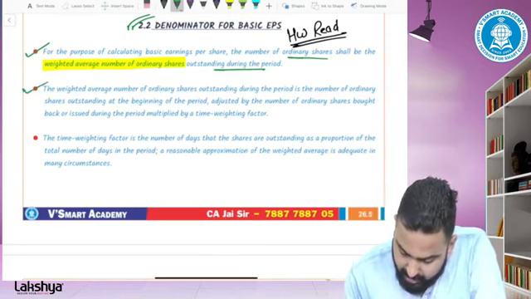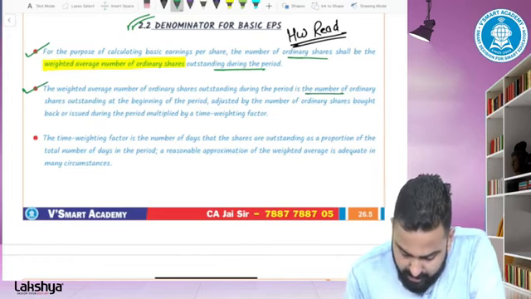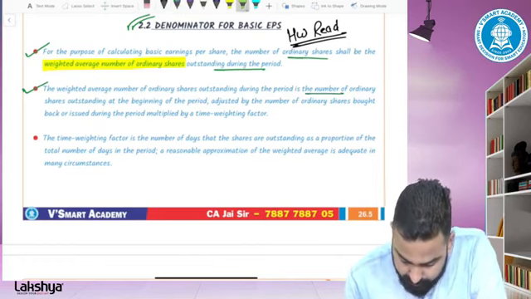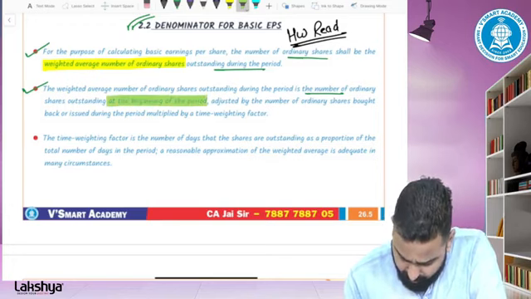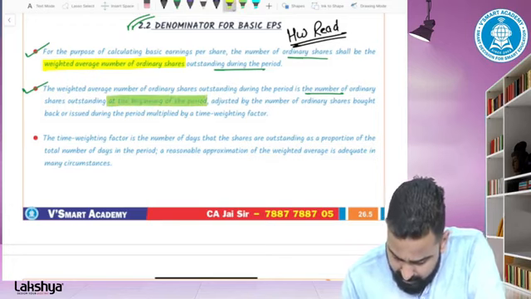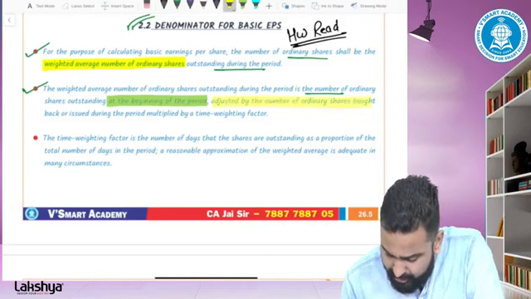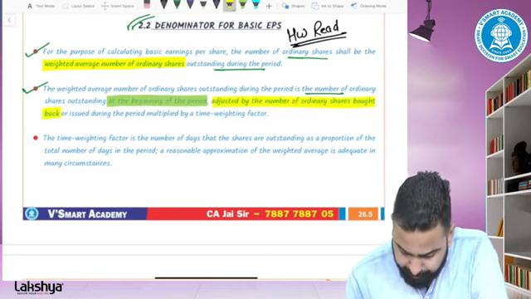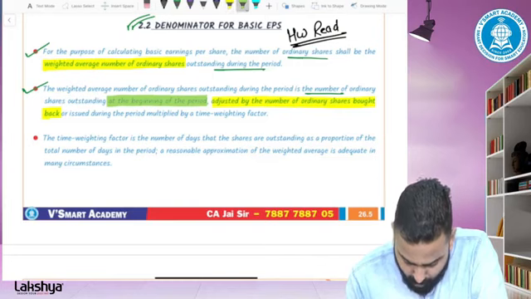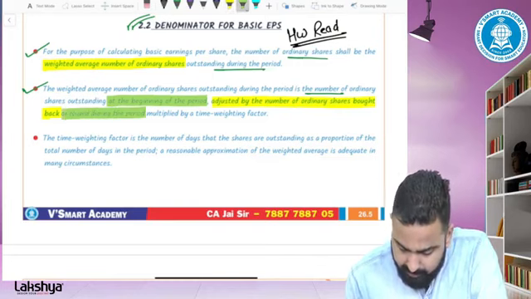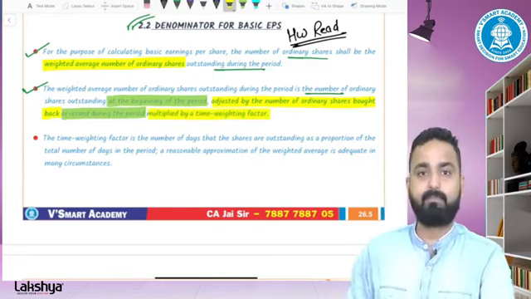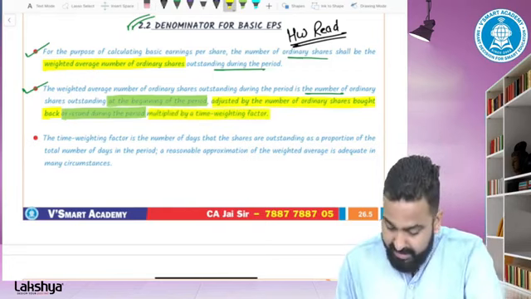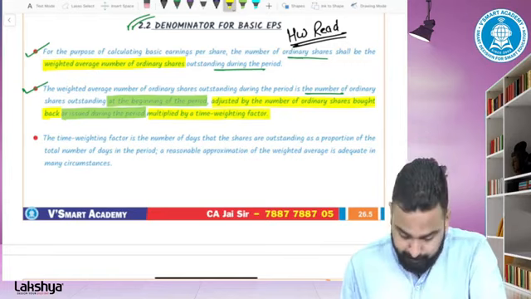The weighted average number of ordinary shares during the period is the number of ordinary shares outstanding at the beginning of the period, adjusted by the number of ordinary shares bought back or issued during the period, multiplied by time weighting factor. Now what is this multiplied by time weighting factor?